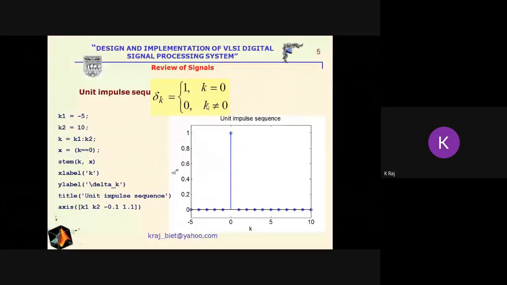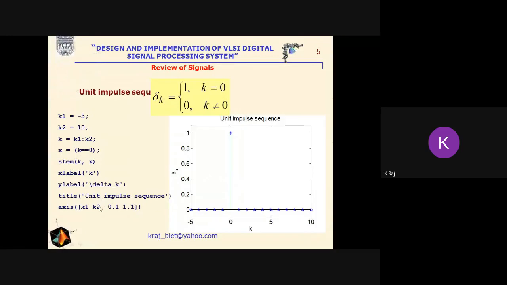So we have defined k from minus 5 to 10, as we have discussed in the earlier case, and then we define x as 1 only when k is equal to 0. Then we generate the stem function for the impulse sequence, and on the x label we write k, on the y label we write delta k.